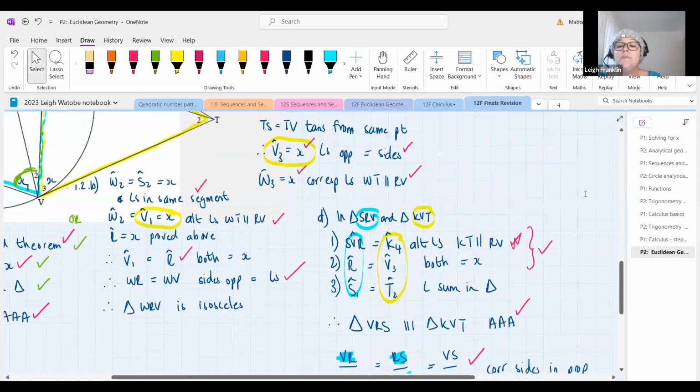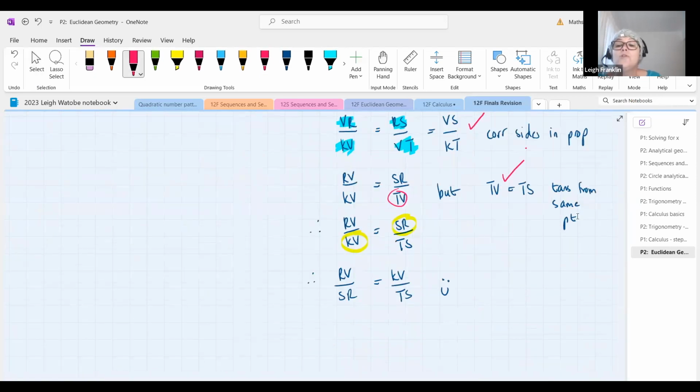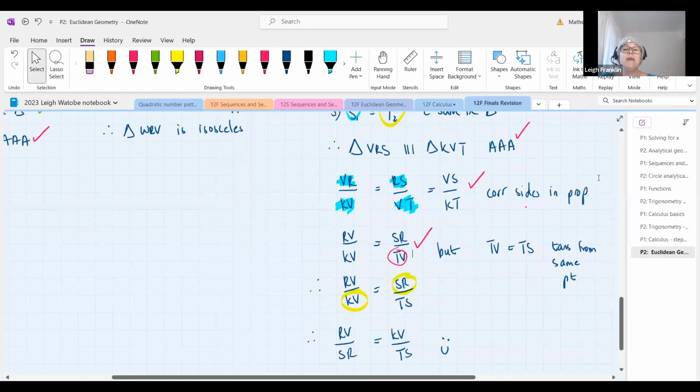No, there can't even be because that's out of 4. So maybe not even that. Where would the 4th mark come from? Because they're not going to give us a mark on this, are they? And they're probably not going to give us a mark for interchanging it. So maybe getting to that point, RV over KV equals SR over TV.